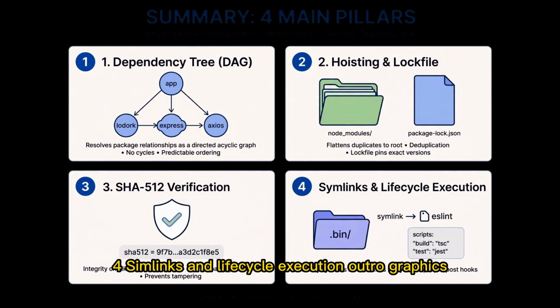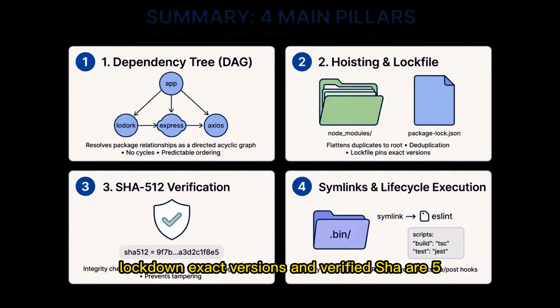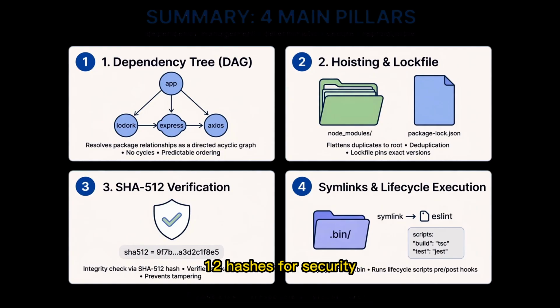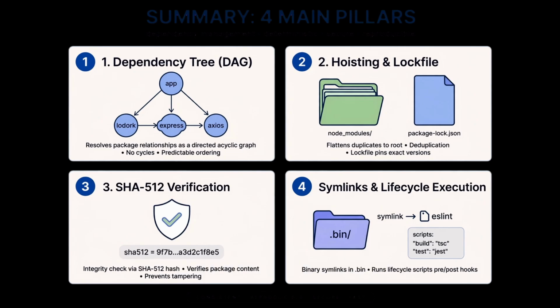Outro graphics. So, the next time you type npm install, you'll know that in just a matter of seconds, npm has parsed semver and built a complex directed acyclic graph, flattened the dependency structure via hoisting to save disk space, locked down exact versions and verified SHA-512 hashes for security, extracted files, linked binaries via symlinks, and executed lifecycle hooks.